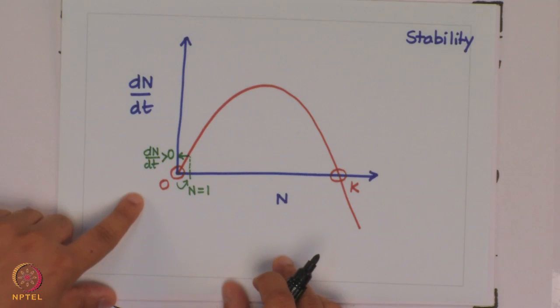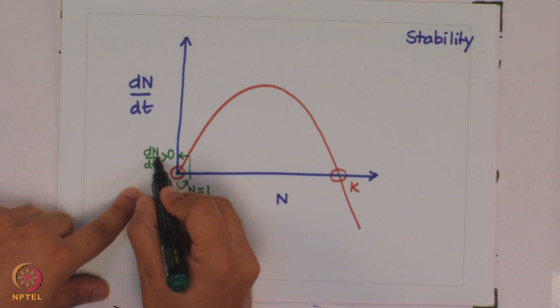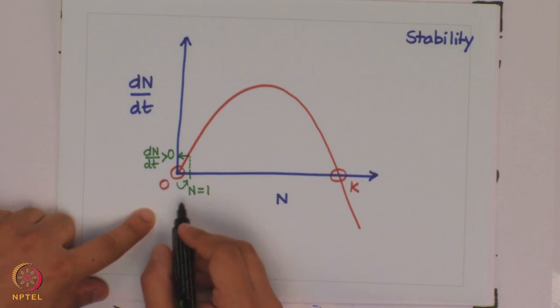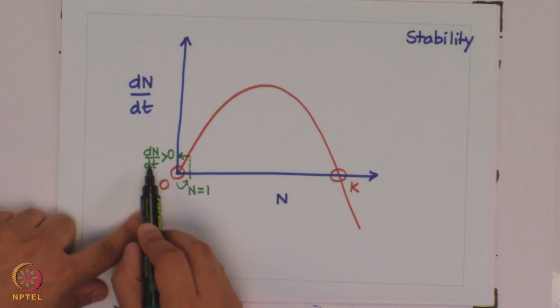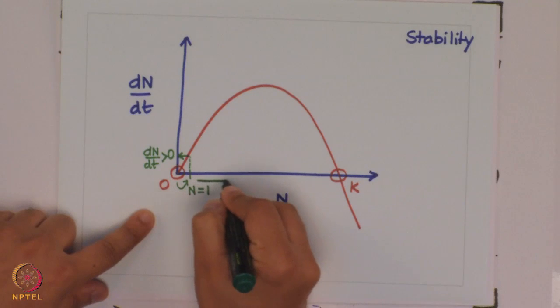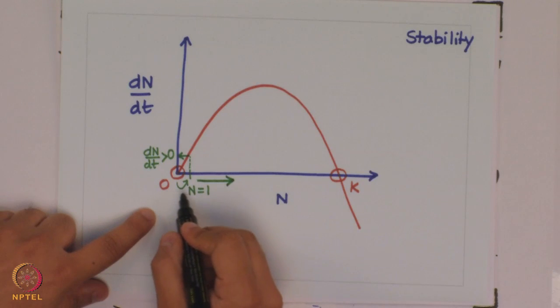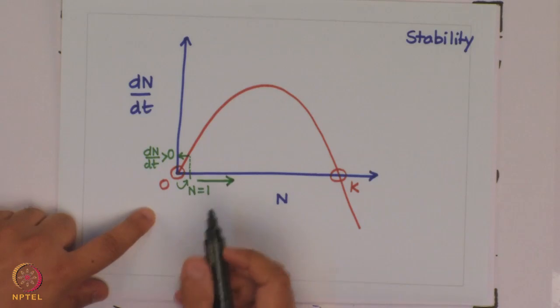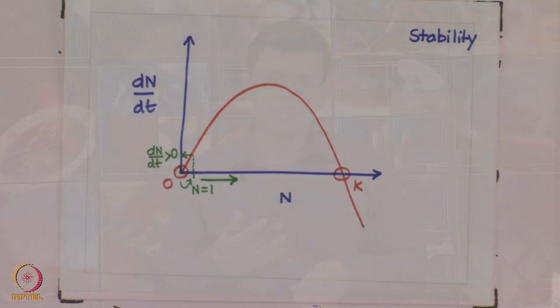And dn by dt being positive means that as t increases, n also increases, which means as I go forward in time, n also increases because dn by dt is positive, and hence my population moves towards the right. So, what this implies is that on introduction of a disturbance at n equal to 1, the population of this bacterial species runs away from the steady state that we are talking about.